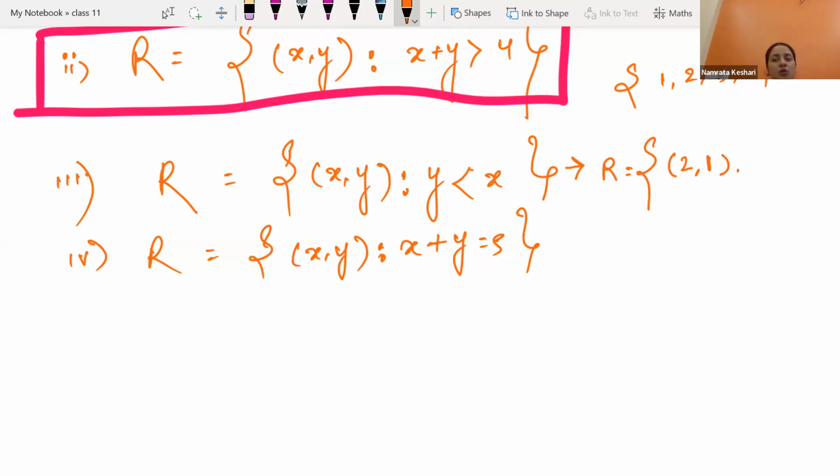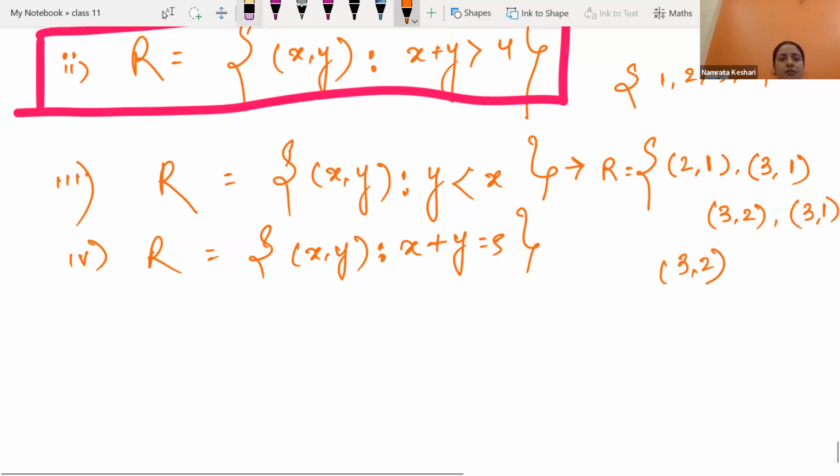No. Then x as 3, y can be taken as, please tell me. 1 or 2. Okay. Then x as 3, y can be maybe 1, maybe 2. Okay, we have written. 3, 4.